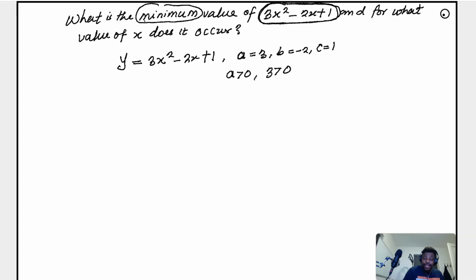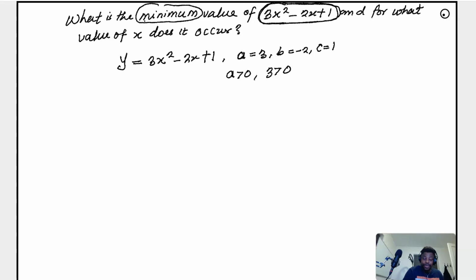The second method is calculus, and that method I'm going to take you when we get to the subject calculus. It's not going to be in this video. So we are only able to apply the first method, which is the completing the square method, to solve minimum and maximum value of a quadratic function.